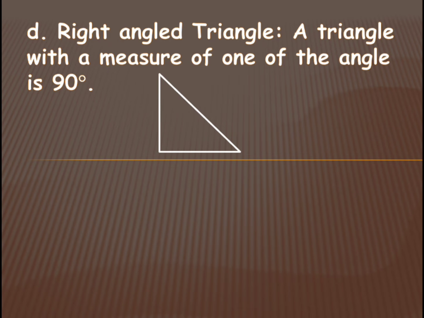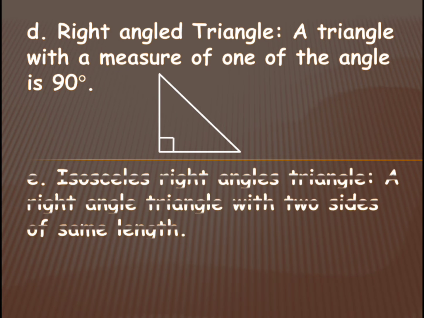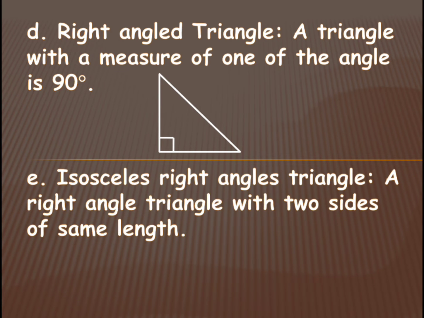So here you can find 90 degrees, isn't it, children? This type of triangle is called a right angled triangle. Next you have an isosceles right angle triangle. Here one angle is 90 degrees, a right angle. Isosceles means two sides will be equal.